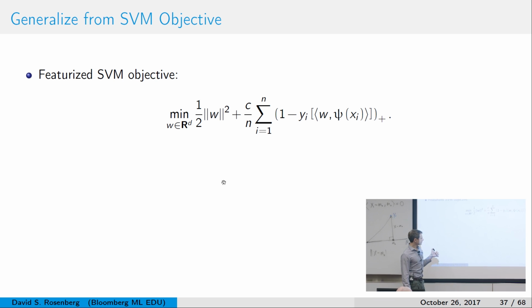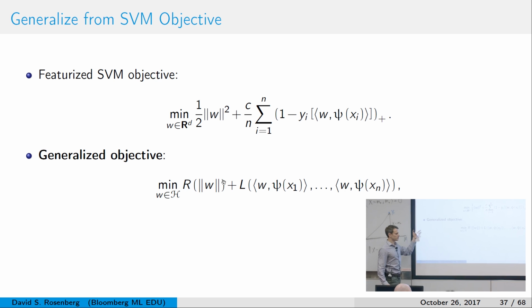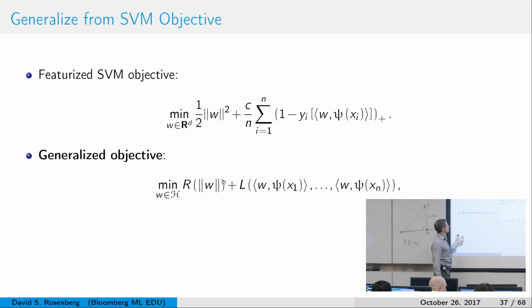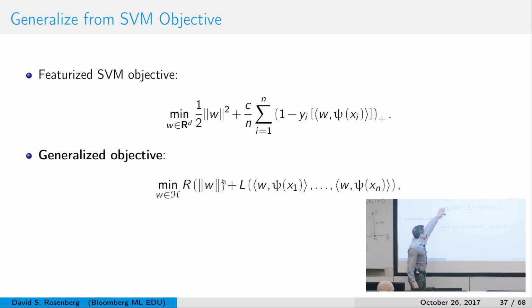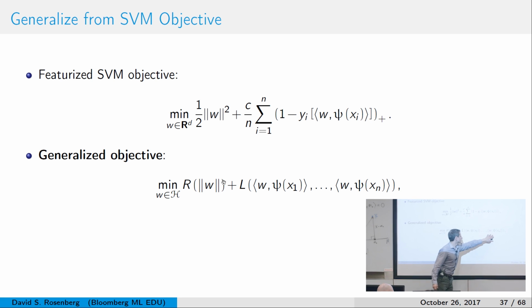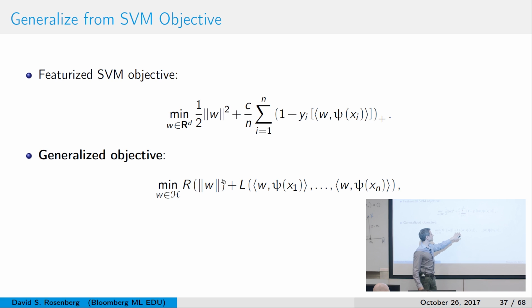So let's write down the more general form, and then we'll see how it's a special case. The generalized objective has still this norm, this regularization piece, R for regularization, and then this loss piece, L for loss.